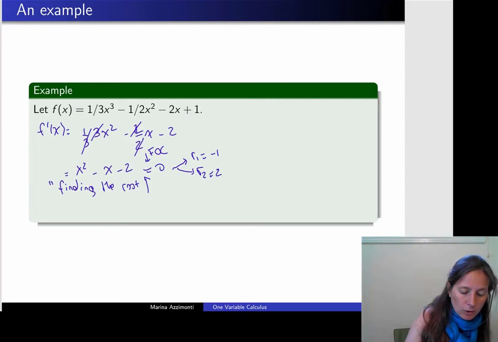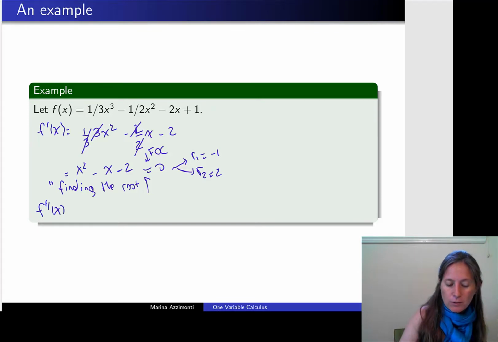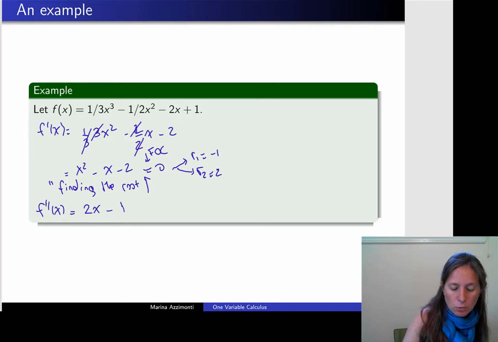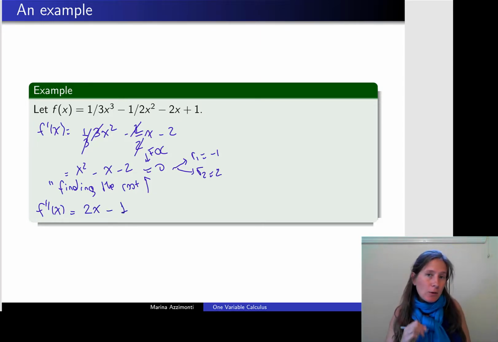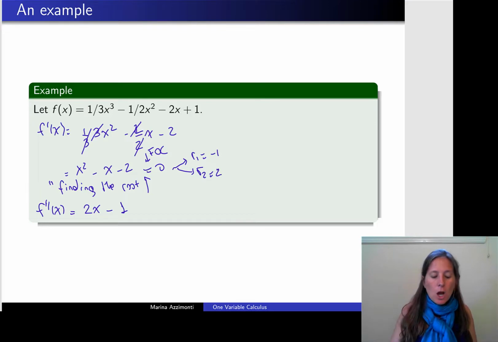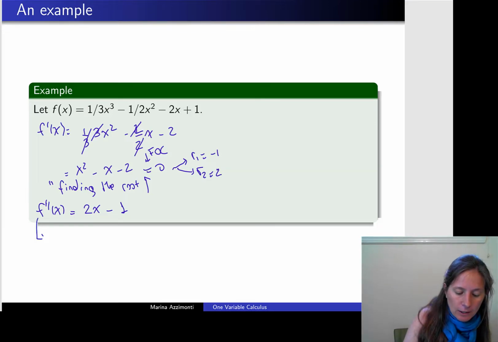Again, we go to our second order conditions. So let's compute the second derivative of this function. This is just going to be 2x minus 1. Now notice that the second derivative depends on x. So it's not as in the previous case where the function was always concave. This function may change and be concave for some points, convex for some other points. So we are going to evaluate it at the 2 roots.